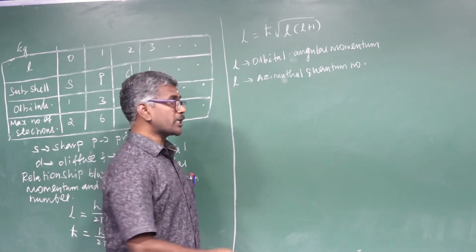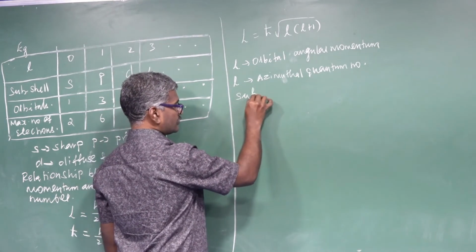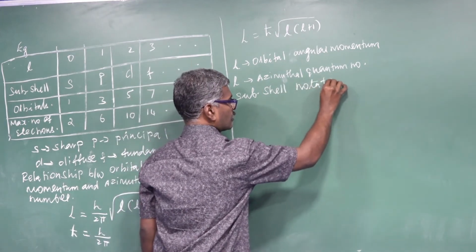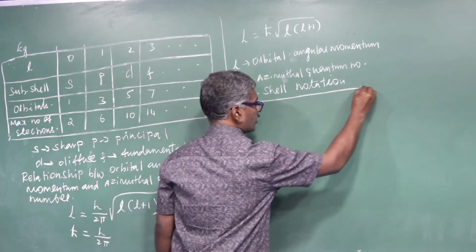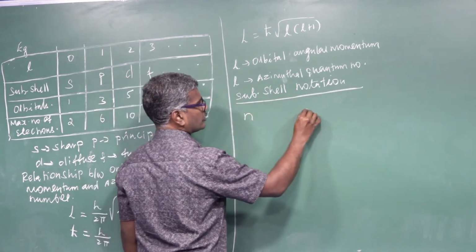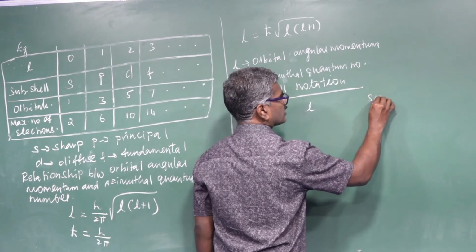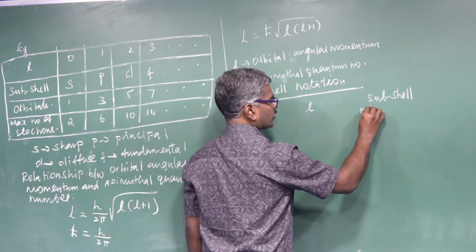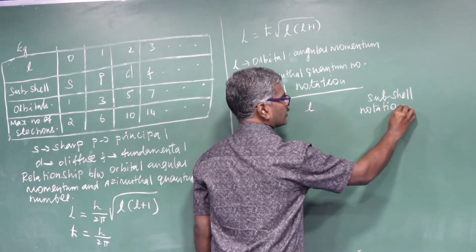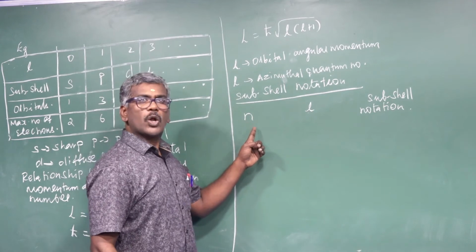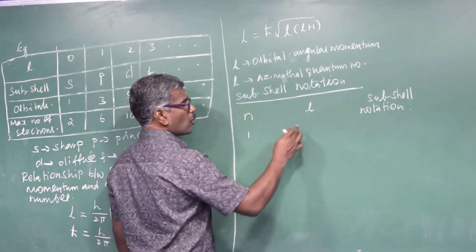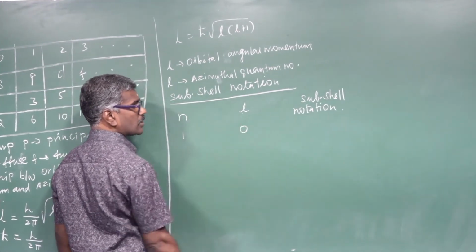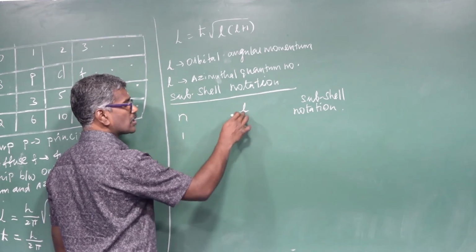Next, subcell notation. It is the n value, then the l value, then the subcell. It is a notation. Here, the lowest n value is 1. N equal to 1 means only one l value. L equal to 0 means what orbital?